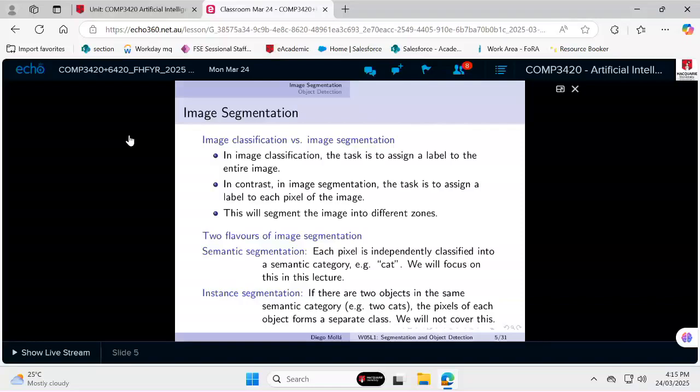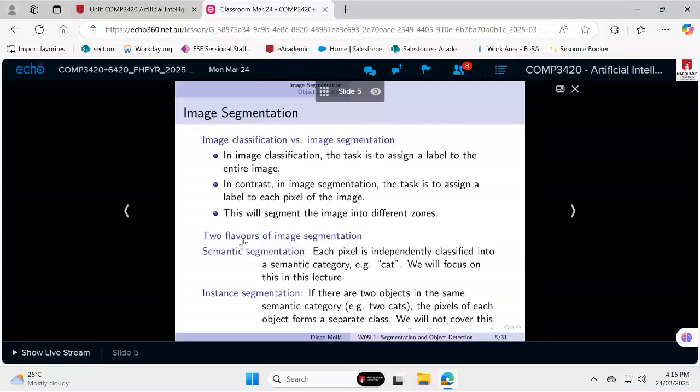For image segmentation, every pixel is going to have a label. So you can see that it's going to be much more complex, right? The final classification layer is not going to have as many neurons as labels, but as many neurons as pixels times labels. So it's a much larger number of neurons. We're going to see it later.